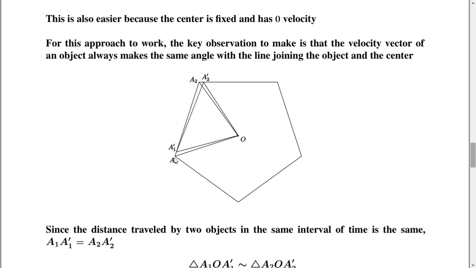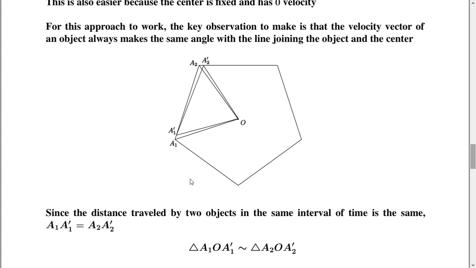Let's say A1 is one of the objects and A2 is an adjacent object, and A1 and A2 are their original positions. After a small amount of time, delta t, their positions are A1 dash and A2 dash. Now over here, OA1 is equal to OA2. Similarly, OA1 dash is equal to OA2 dash.